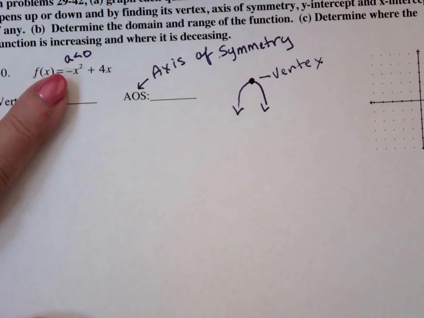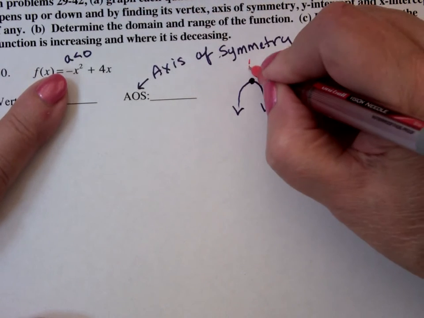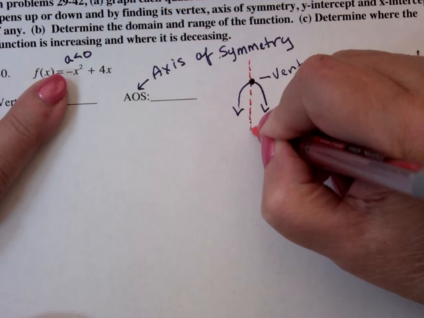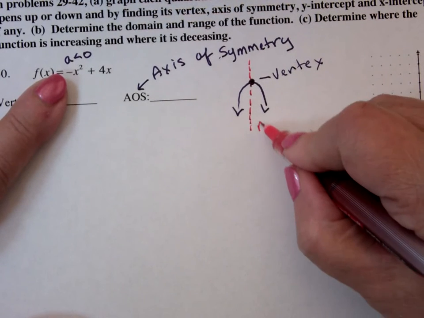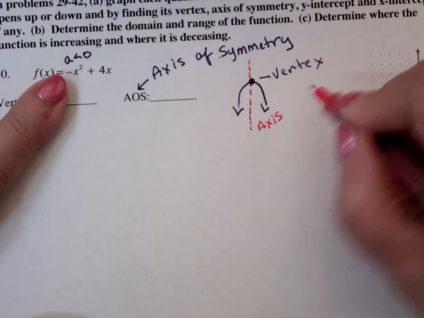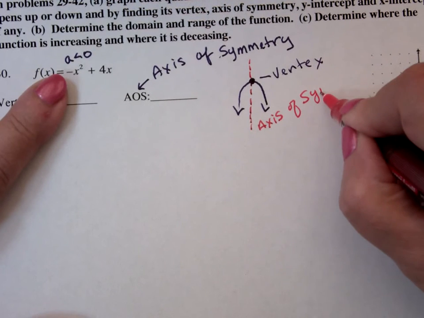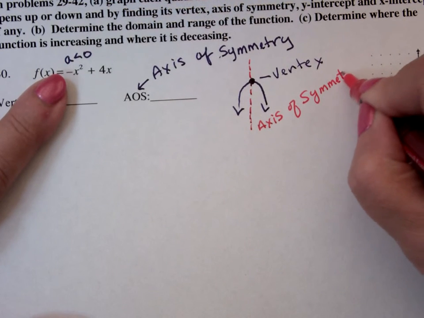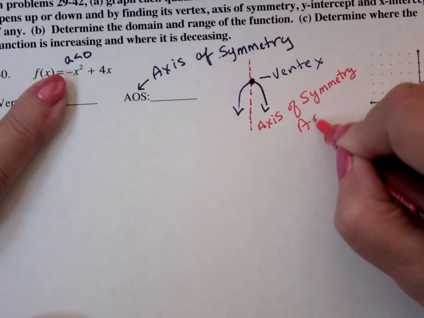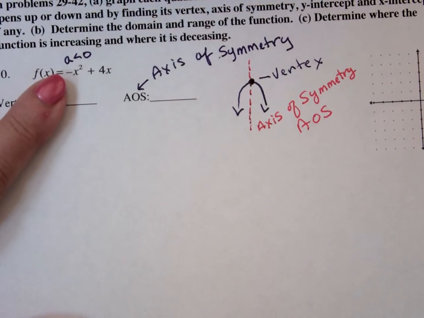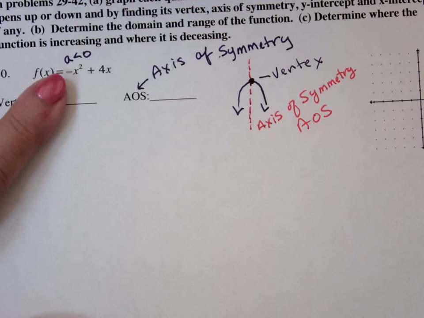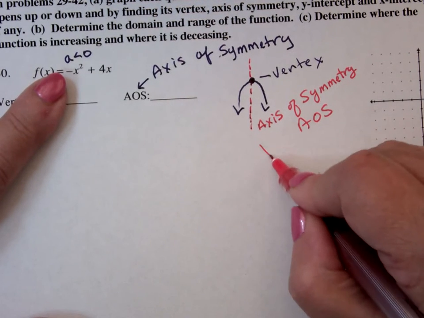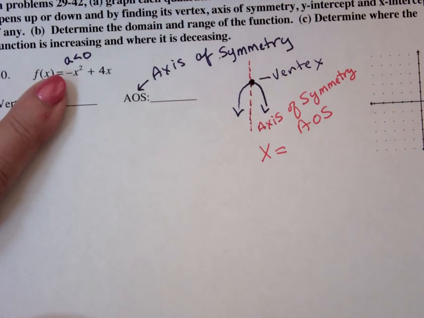Now, there is a line that moves down the middle, and this is called the axis of symmetry. AOS, axis of symmetry. And it's a vertical line, so it's an x equal line.